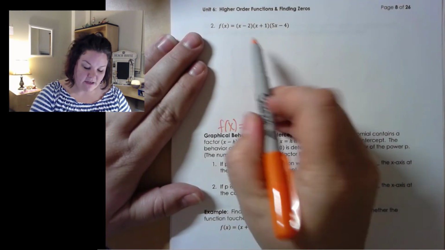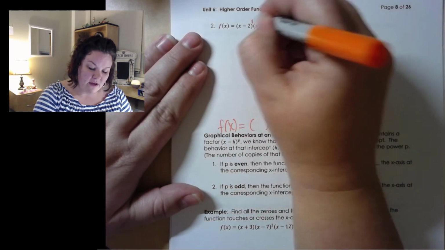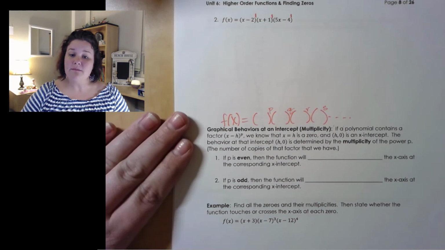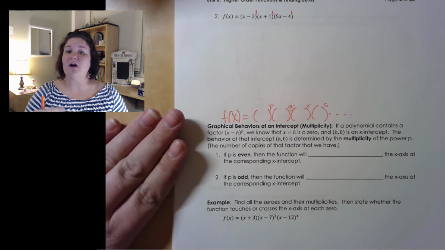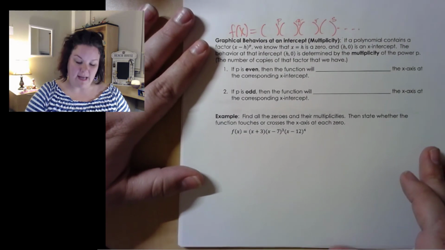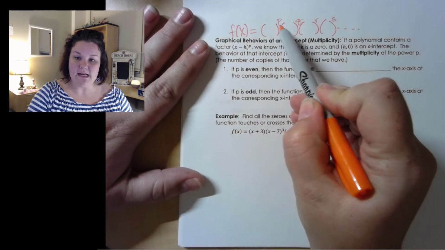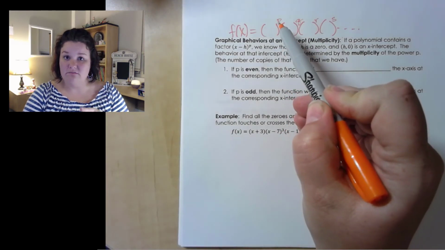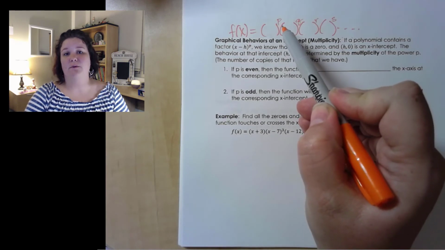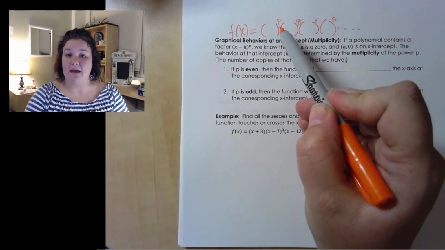Notice each of these factors, I had one copy of that one, one copy of that one, one copy of that one, right? But sometimes we have multiple copies, which we call multiplicity, right? So what we're going to do is look at the multiplicity on the factor, not the x, on the factor that our x-intercept came from.